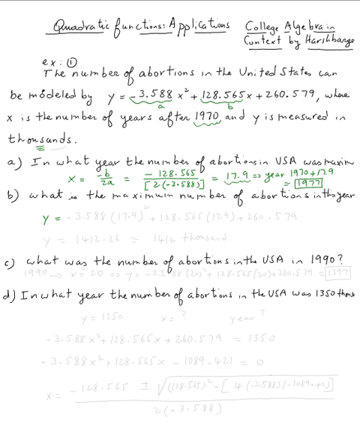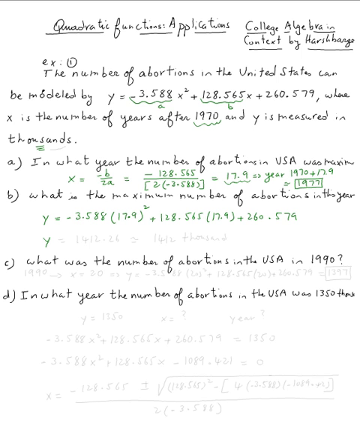So if we plug it in, negative 3.588 times 17.9 squared, plus 128.565 times 17.9, plus 260.579.